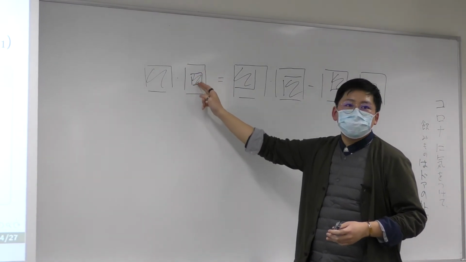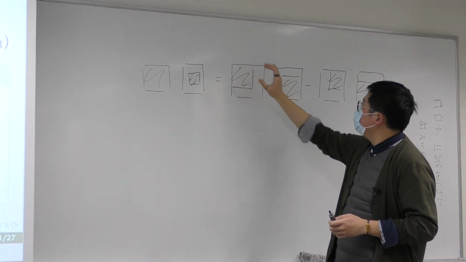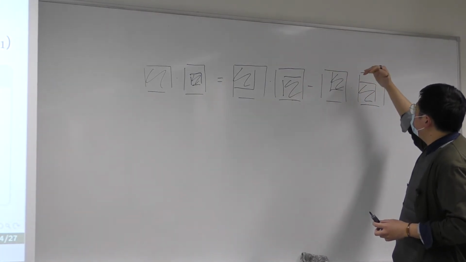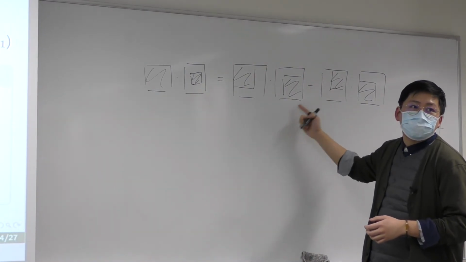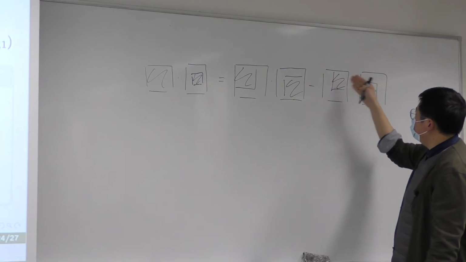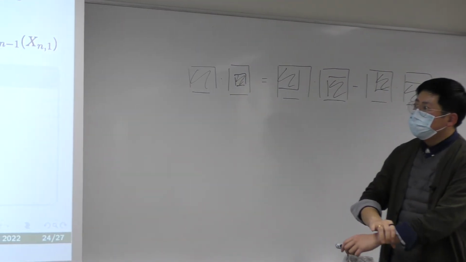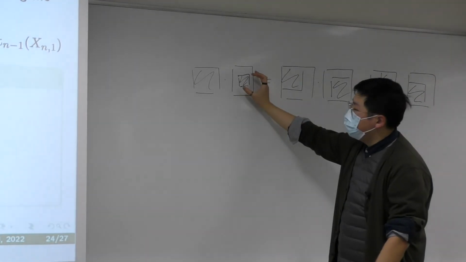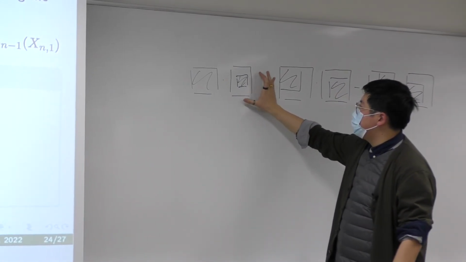This is the middle part of the matrix. This one is the left upper corner, right lower corner, right upper corner, left lower corner. So this is just like a 2 by 2 matrix determinant, A, D, B, C, like that. And for determinoids, we also have the middle part, but for the n by 2 case, we are missing this part.